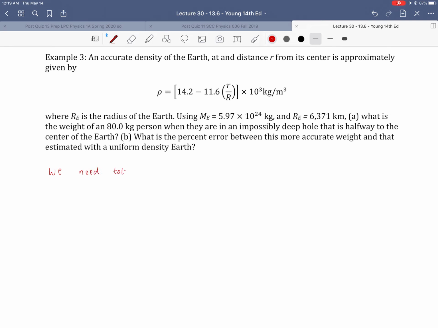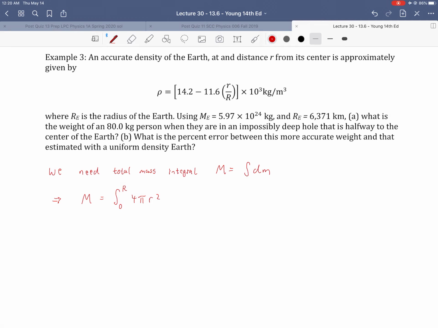So we need the total mass integral. You saw total mass integrals for rods as well. We're dealing with variable density functions. So that would be just M is integrating over dm. And that's what we're going to start with. Down here, I'll start showing the steps. Next line. In that case, we're going to be going from 0 to R, and I again won't be doing the subscript with e, because big R means radius of the Earth.